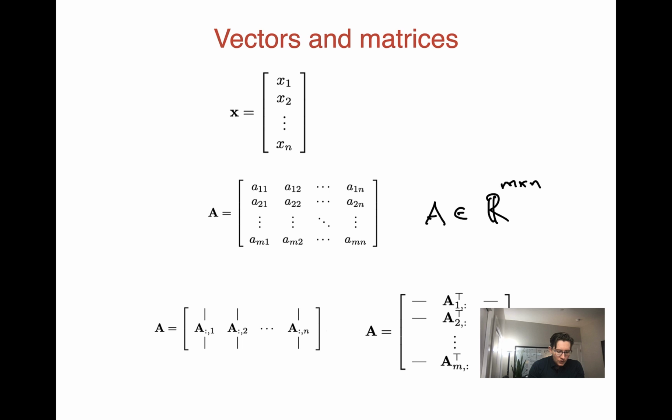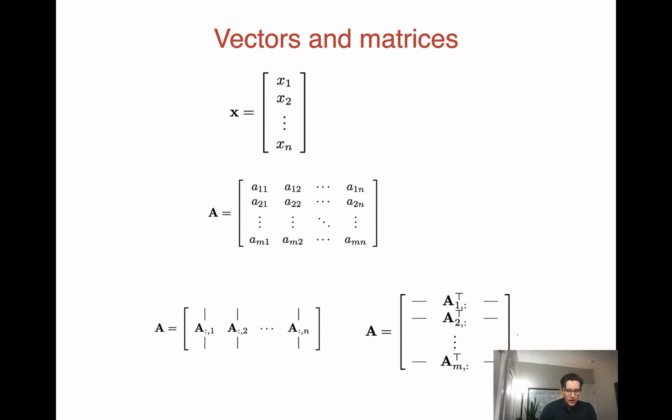Sometimes it can be useful to think of matrices not as a table of numbers, but as a matrix being a list of column vectors. So this is the same thing here. Note that we have A1, A2, all the way up to An. These are the different columns of A. So each one of these is a vector. Equivalently, we can consider a matrix as a list of row vectors.